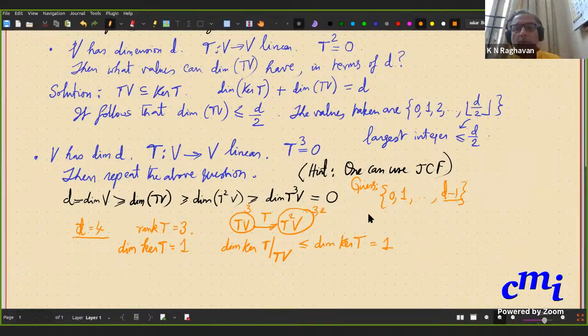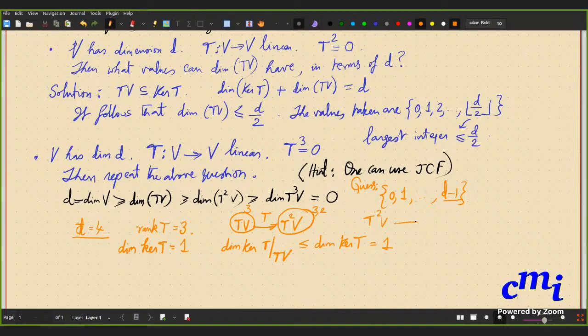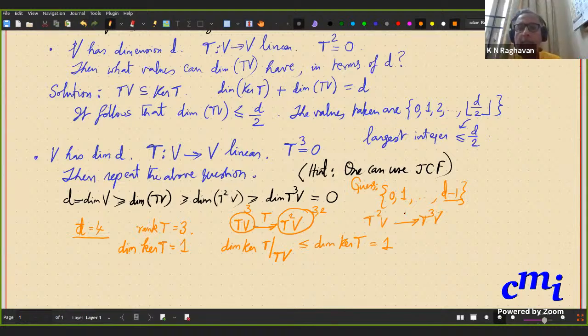Now look at T squared V to T cubed V, and again consider T. T takes from here to here. What is the dimension of the kernel of this? Again, it's less than or equal to the dimension of the kernel of T, which is equal to 1.